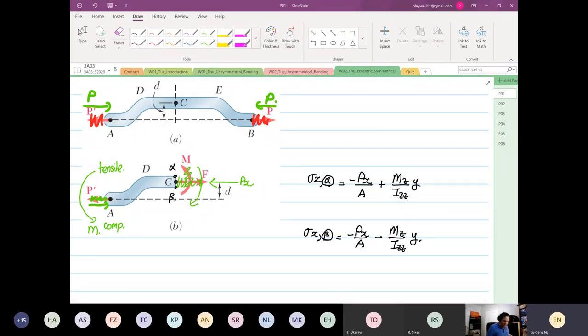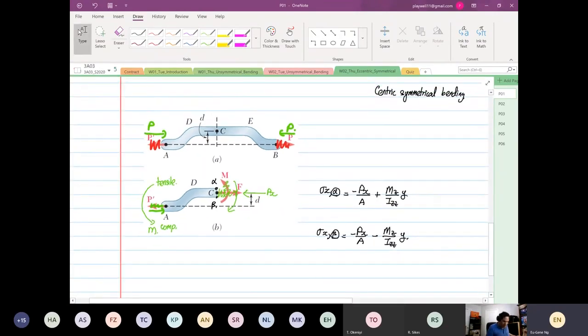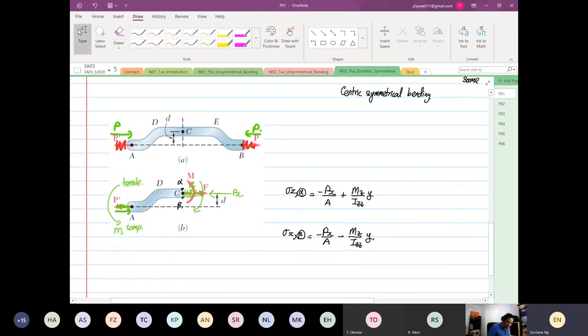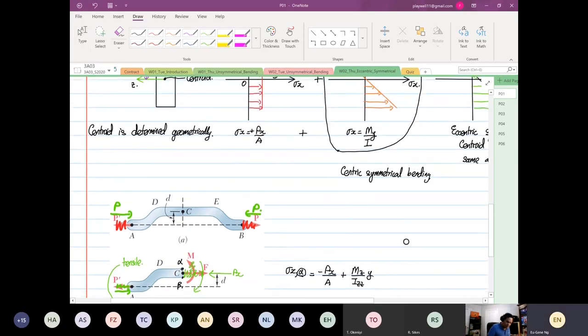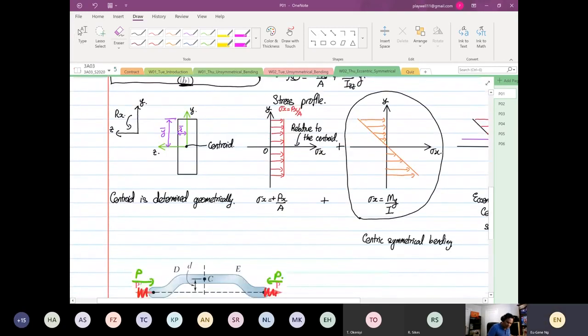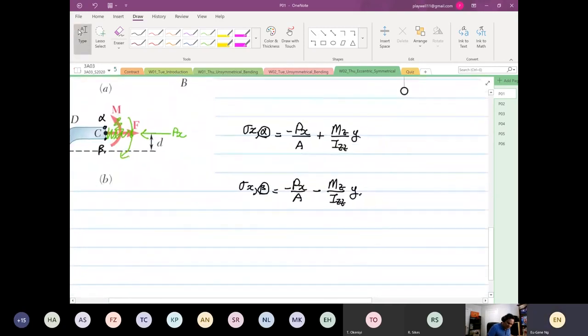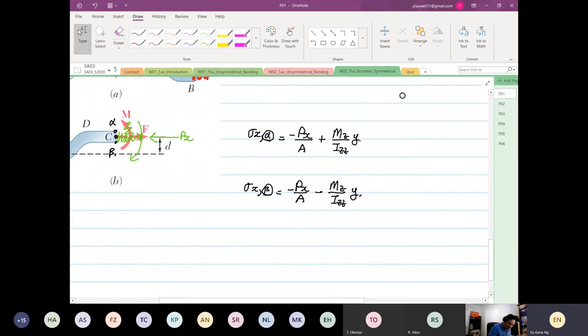Now, I want you to make a guess based on your experience. Can anyone tell me which is higher? What do I mean by which is higher? Can anyone tell me in terms of magnitude?